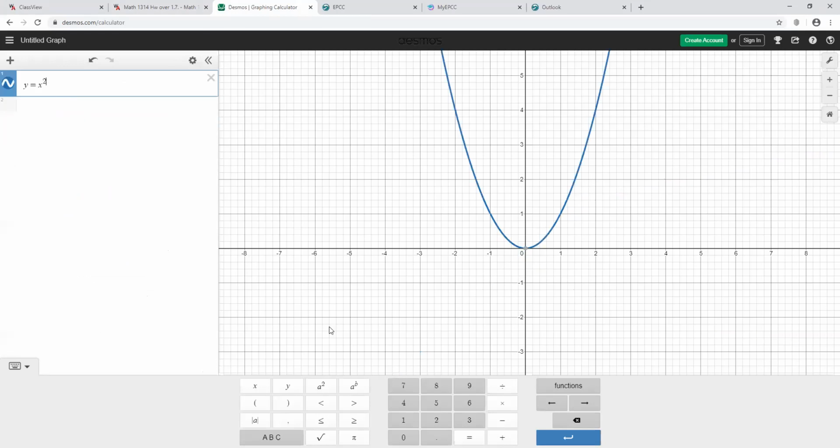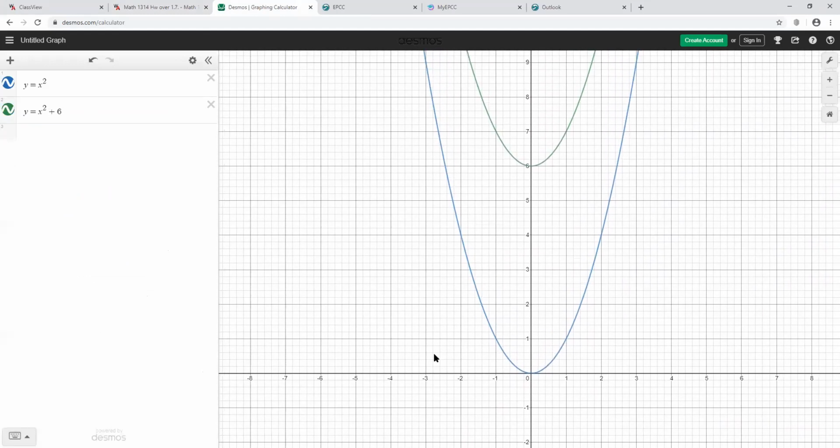There's the parabola. And if we make a change, and the change is y equals x squared plus 6, I need to move this down.